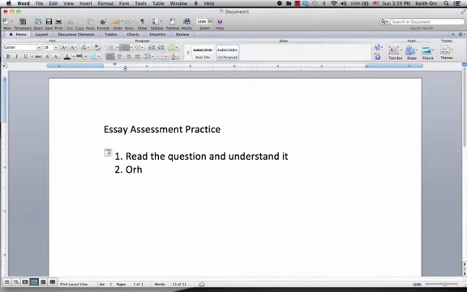Second thing is organize a response. Just do a brief organization so you know where you're headed.